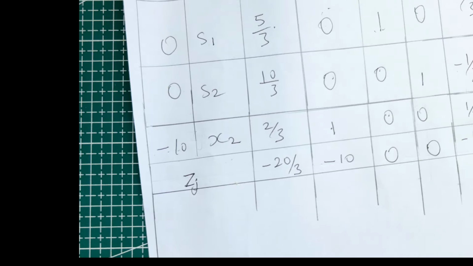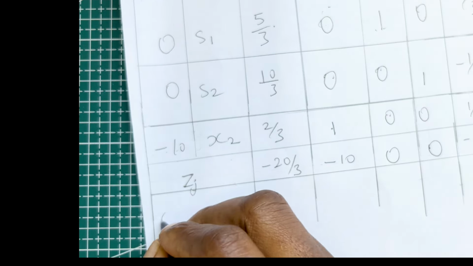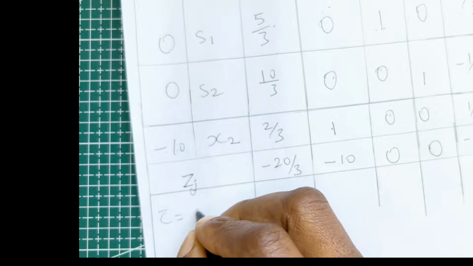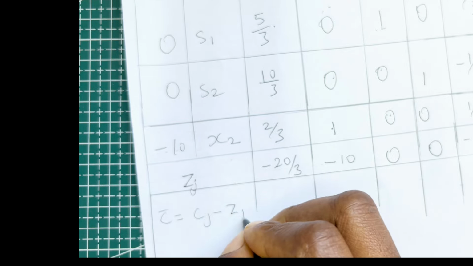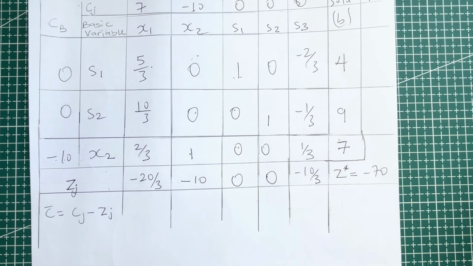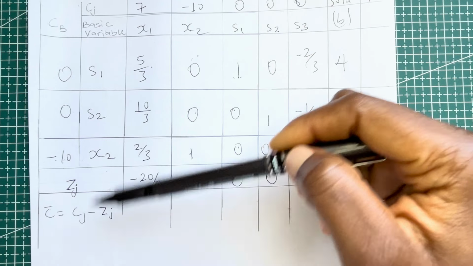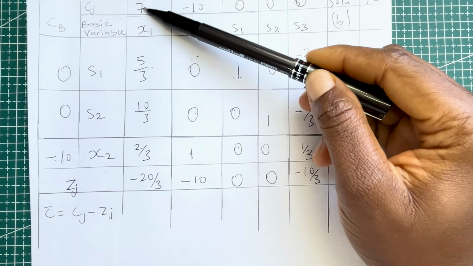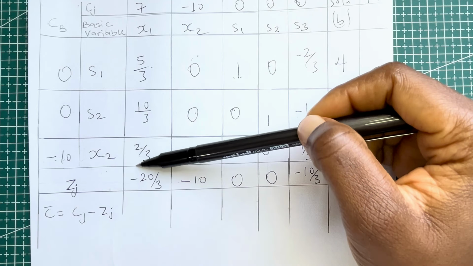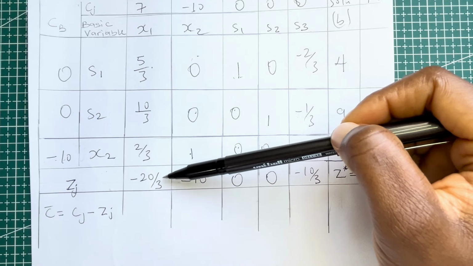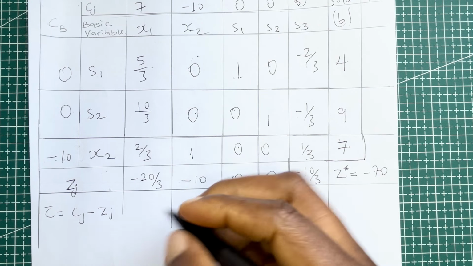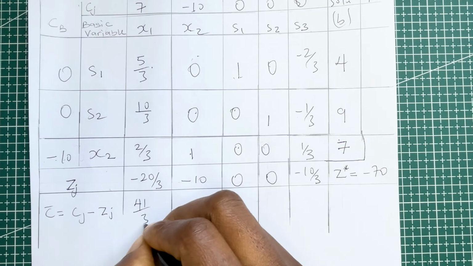The next is to find our relative costs. So to find it, remember we have Cj minus Zj. So here we have 7 minus 20 all over 3 will give us 41 all over 3.